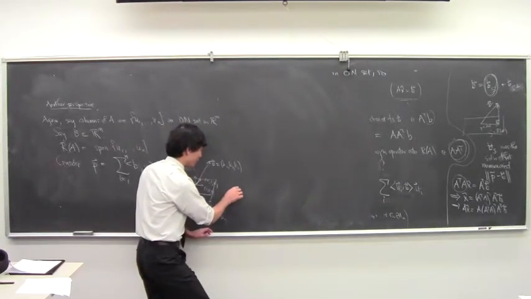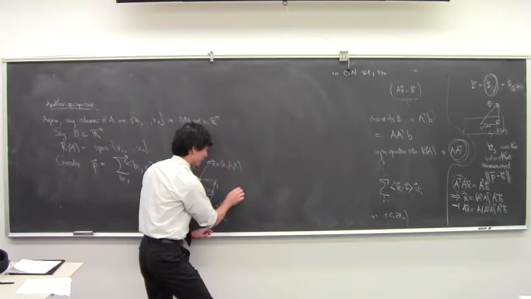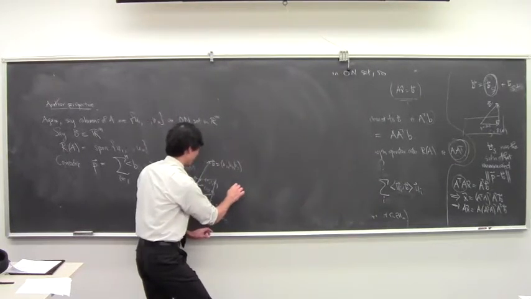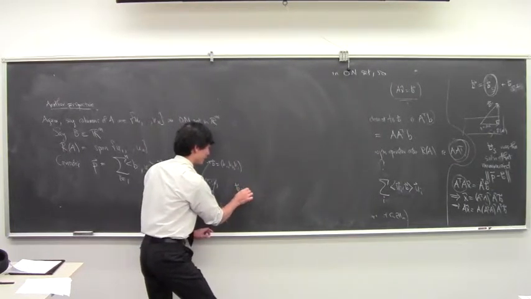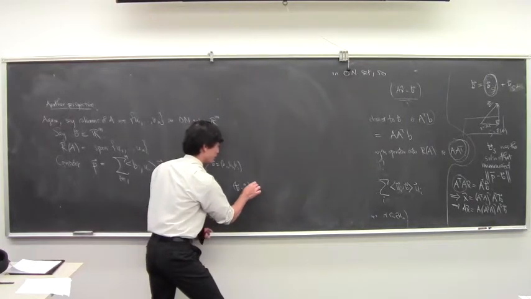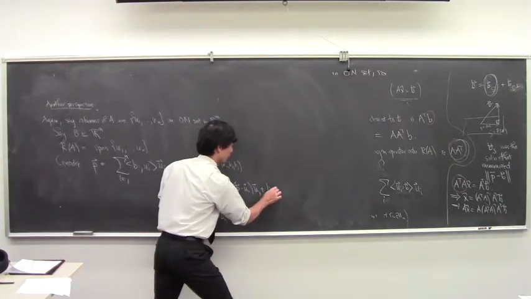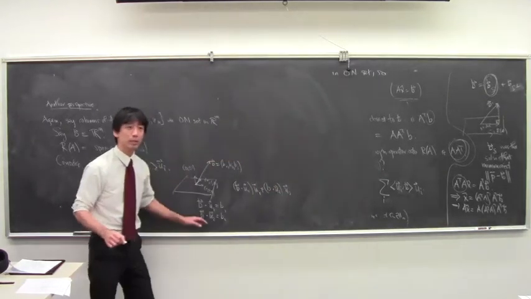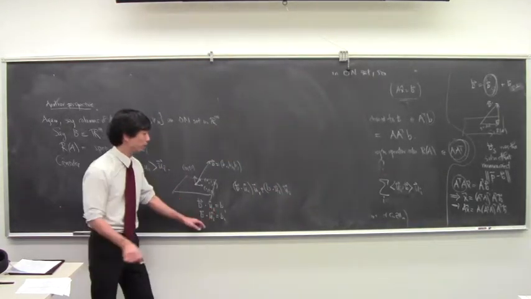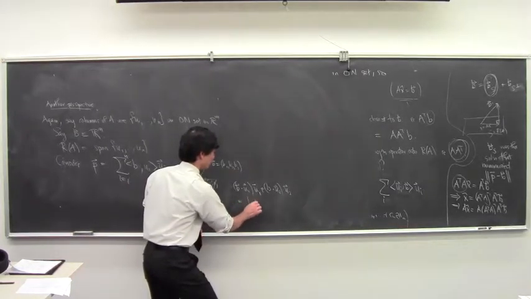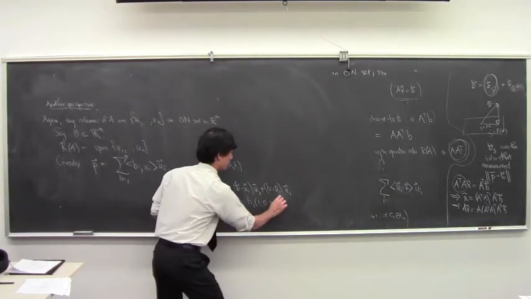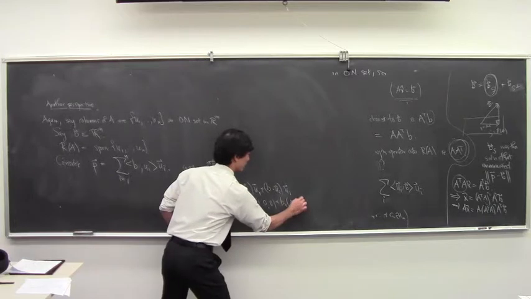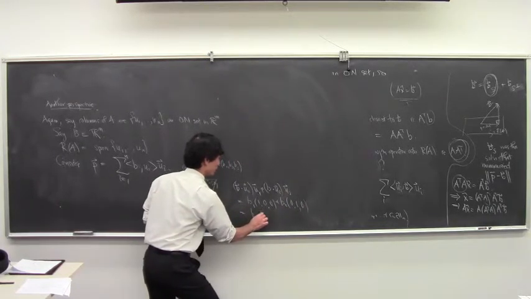Now, you say well, look, b dot the first guy times the first guy plus b dot the second guy times the second guy. What is that? Well, that's b1 plus b2, which is b1, b2, 0.